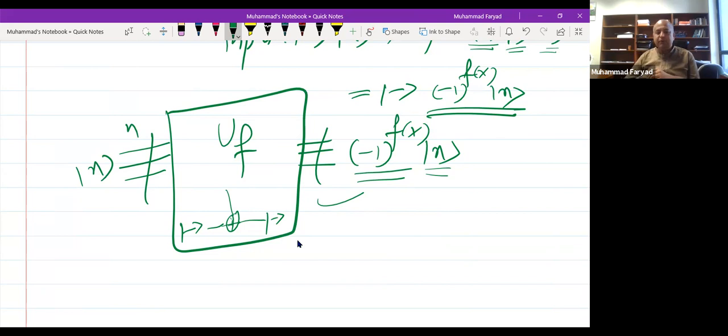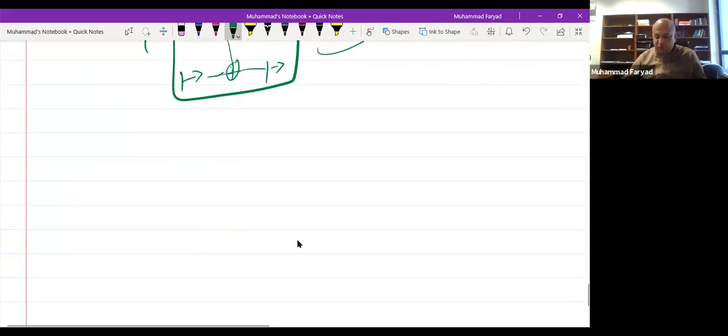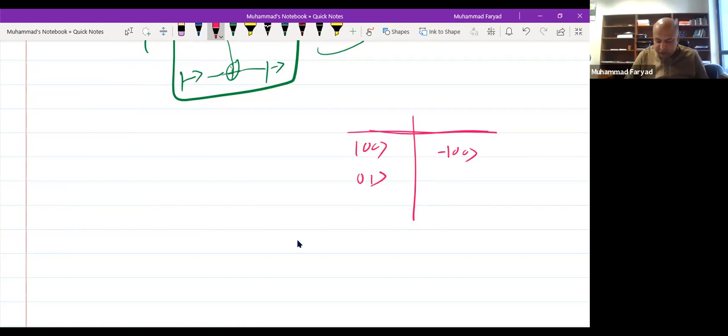And let me now give you a couple of examples, because this is also part of your homework problem. So hopefully this will help you for your homework problem as well. So suppose you want to construct a phase oracle for this thing, that for state 0, 0, you might want a minus sign. For state 0, 1, you want a minus sign.